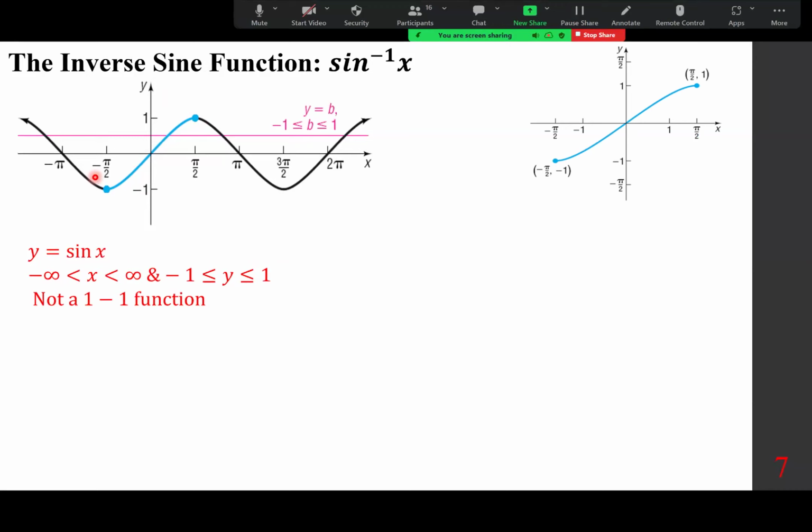So, just this portion, and we are going to say y equals sine x. If we restrict x between negative and positive pi over 2, we cover all the range, and this is a one-to-one function.